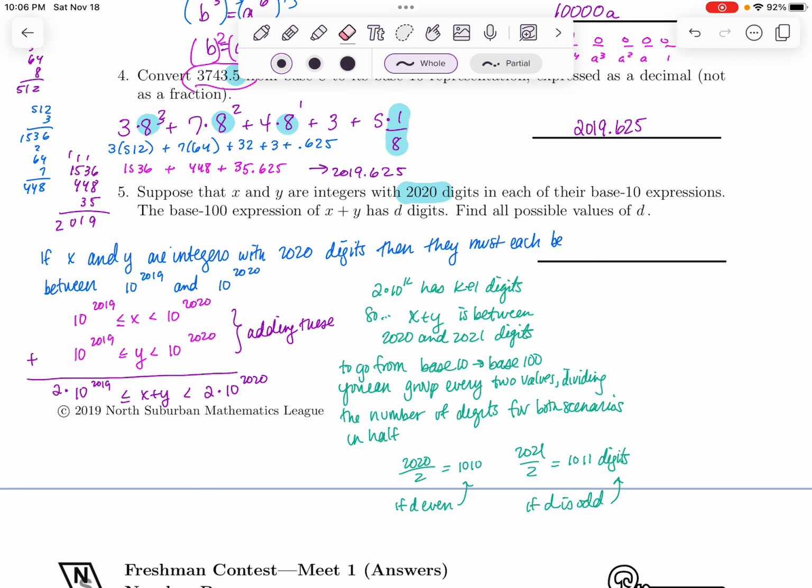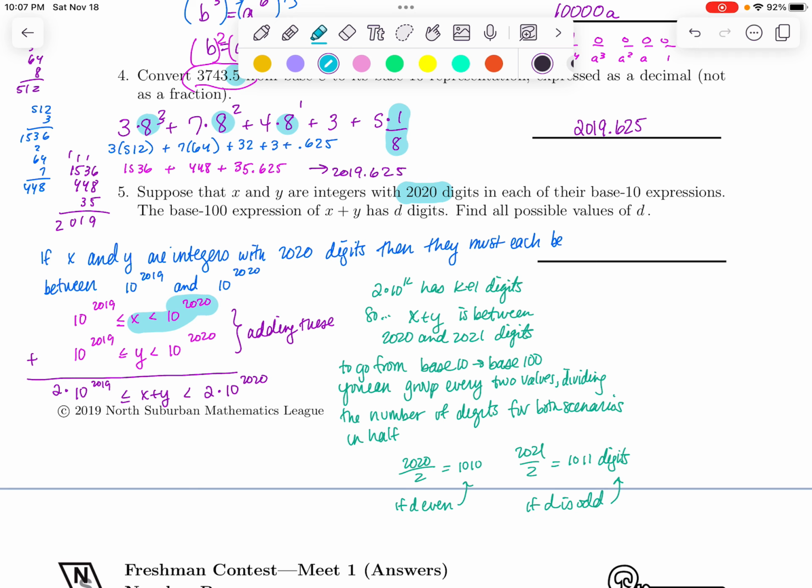If I have 2020 digits, then the greatest value it could be is 10 to the 2020 minus 1. So that is why I am saying here that x is less than 10 to the power 2020.